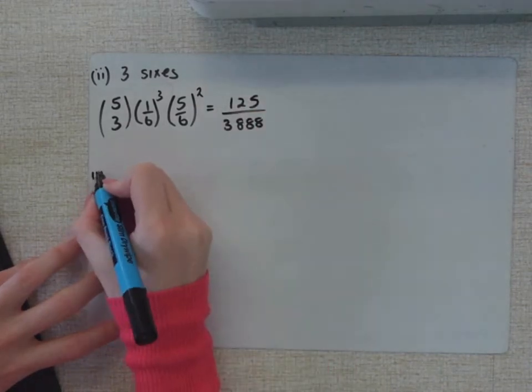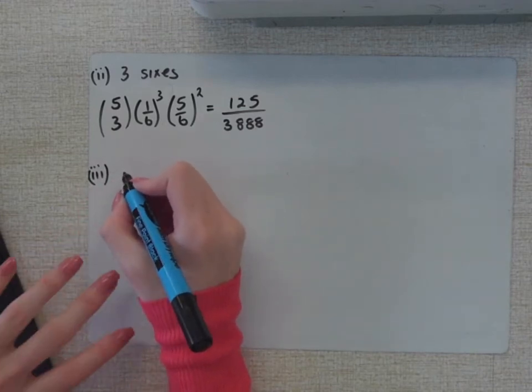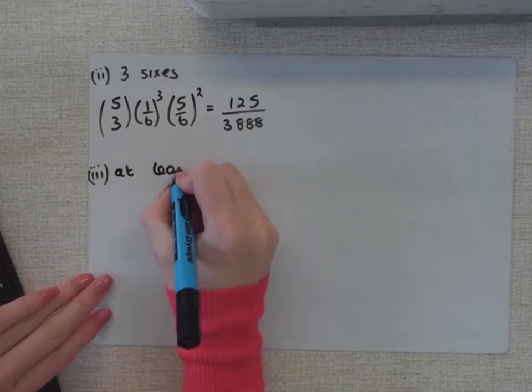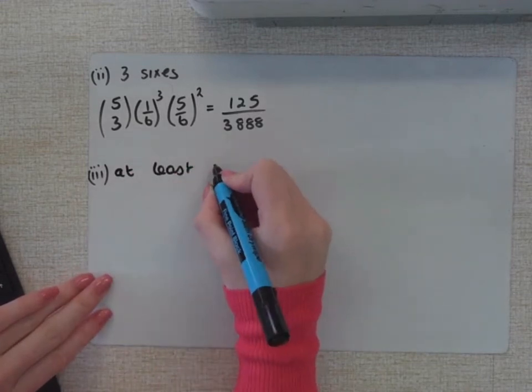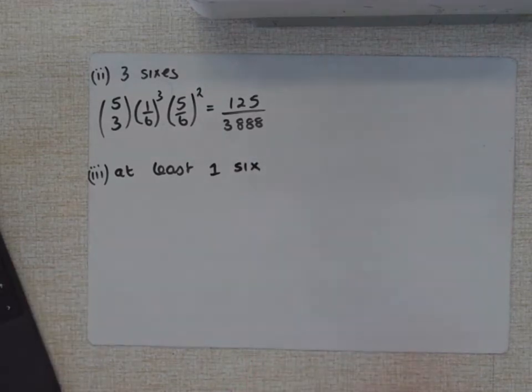And lastly, find the probability of obtaining at least 1 six.